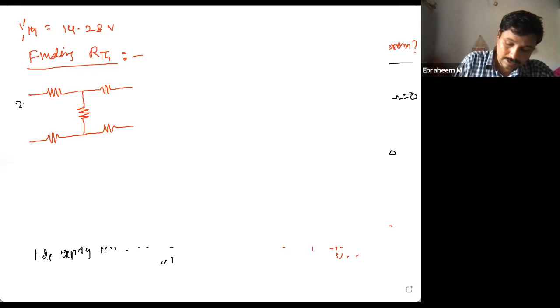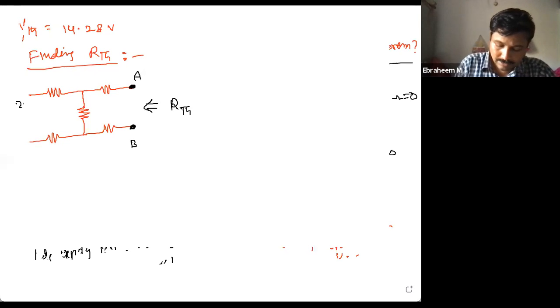So these are the terminals A and B, and we have to look back into the terminals, right?